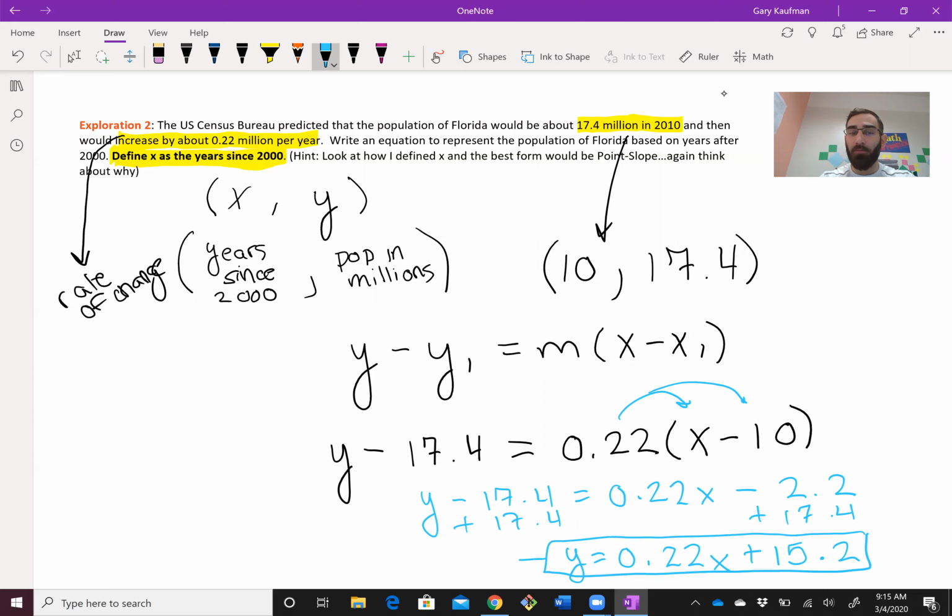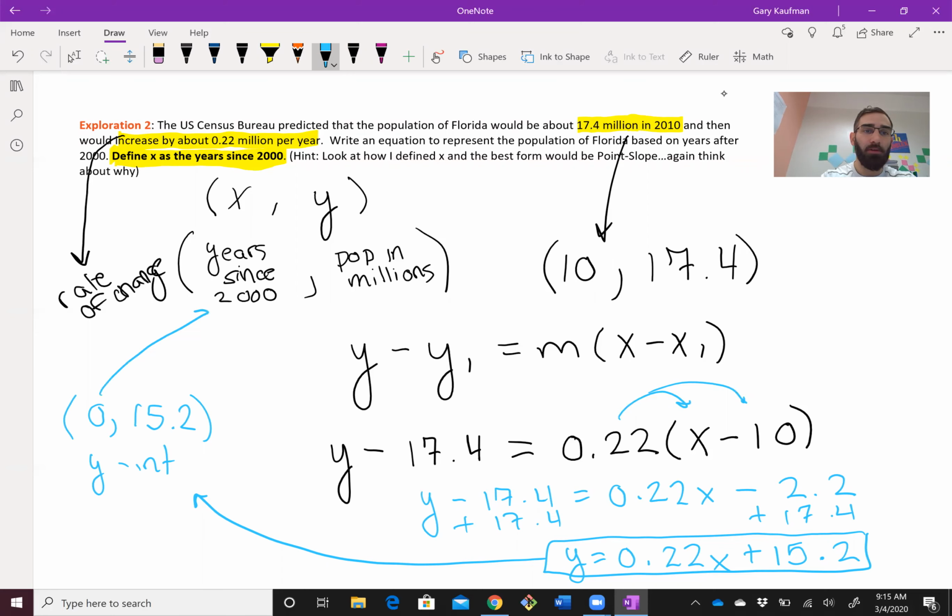And before we move on, I'm going to quickly talk about why this is interesting. Well, we now have the y-intercept. The y-intercept is (0, 15.2). Let's think about what that means. You know how we did that ordered pair at the beginning?